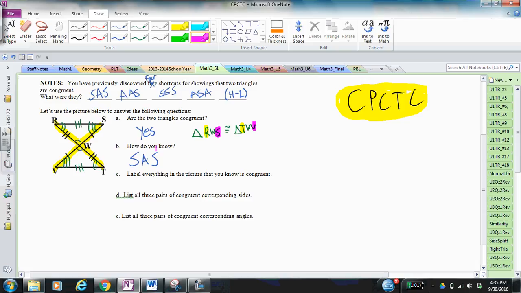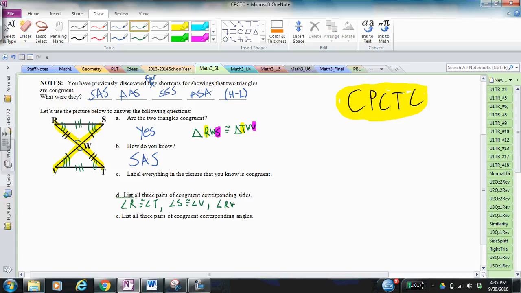And that's essentially what CPCTC is. So before we state it out in words, let's just summarize everything we just said. So we said angle R is congruent to angle T. We said angle S is congruent to angle V. That leaves angle W must be congruent to, well, we need to name it with 3 letters, otherwise it's unclear.